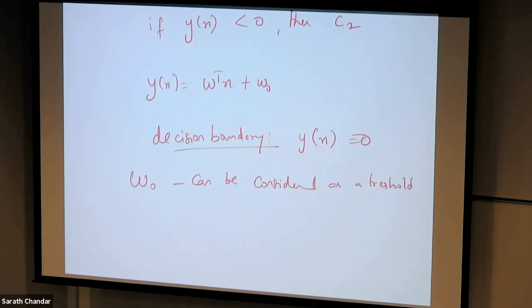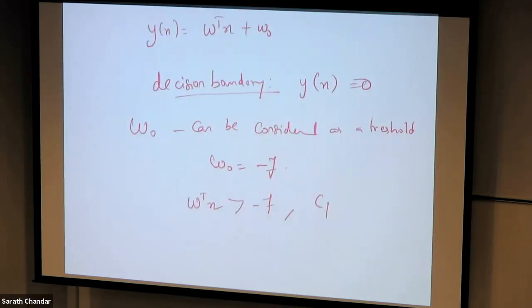Why do I say that? Because let's say w0 is equal to -7, then this -7 tells me when the class becomes 1 or 2. For example, if w transpose x is greater than 7, then it becomes class 1, right? Similarly, if w transpose x is less than 7, it becomes class 2, right?